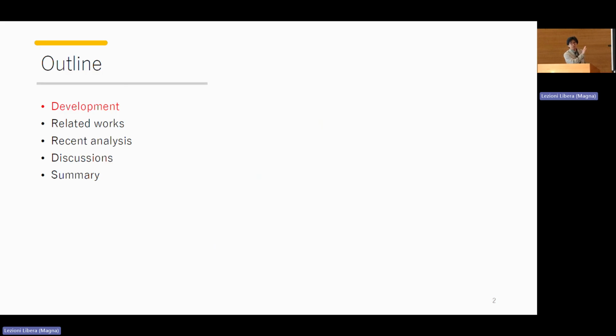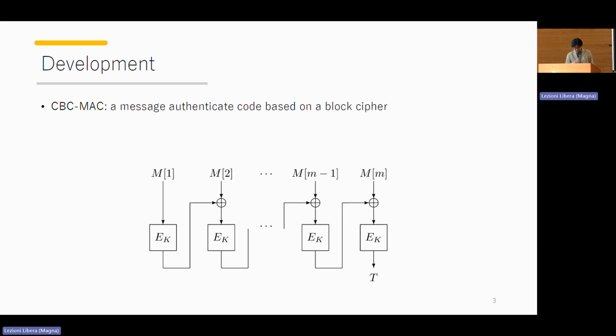So let's start with the early history of the developments. The starting point is CBC-MAC. This is a message authentication code based on a block cipher. The input is broken into blocks, and we run the block cipher to obtain the tag.